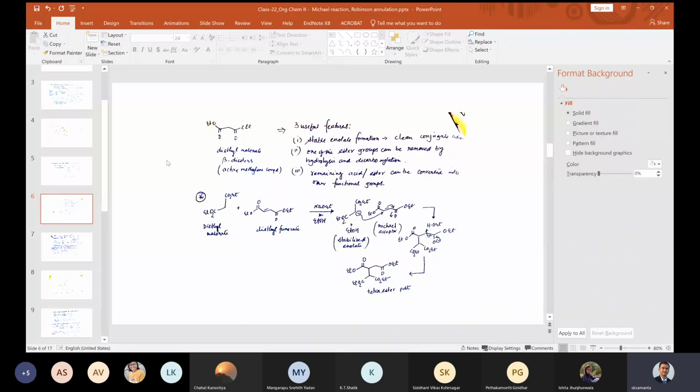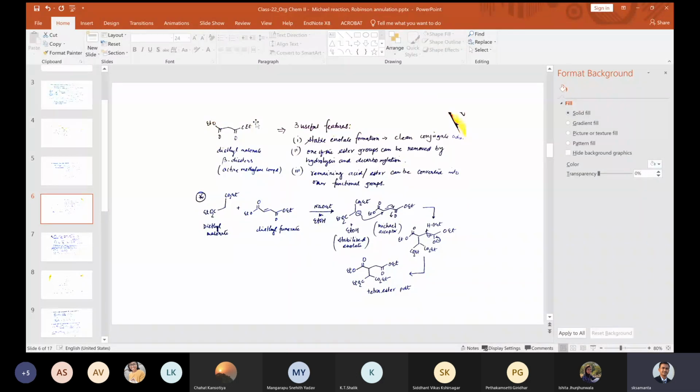We also discussed earlier that many different active methylene compounds are available. By simply varying these functional groups, such as in ethyl acetoacetate, you can replace this COOEt with a COCH3. You can also replace it with CN, then it will be ethyl cyanoacetate.